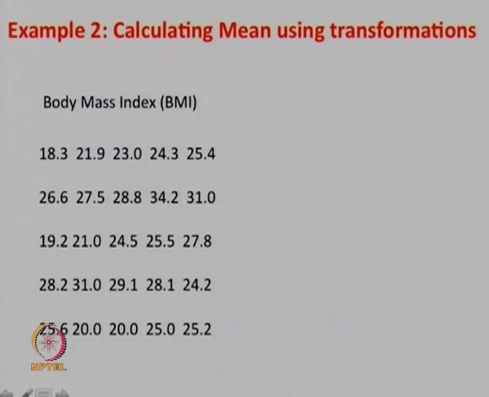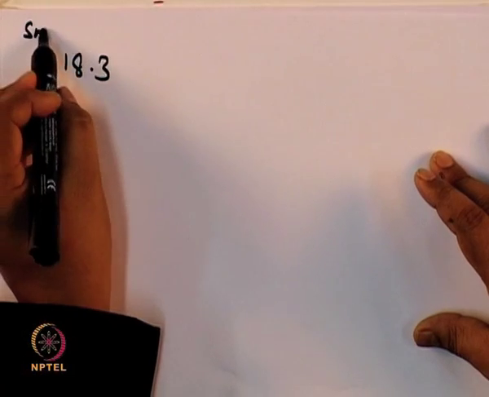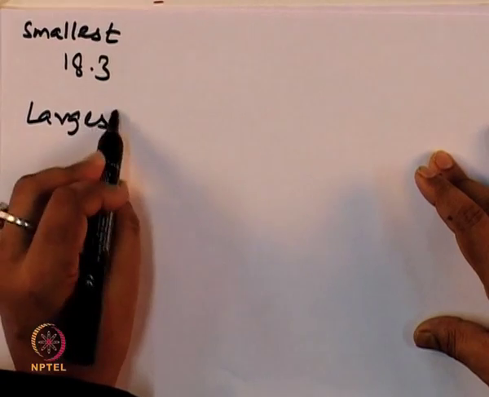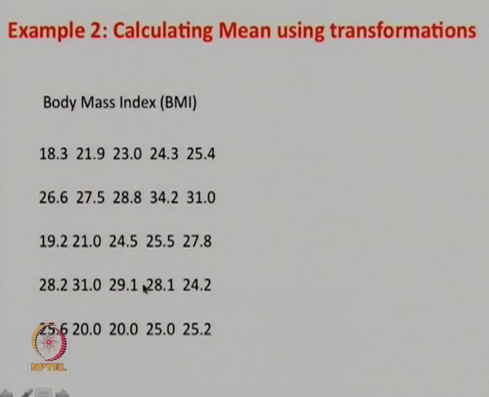Okay. So, again you see that you have this entire range of numbers; these are body mass indices. If I look through the screen, the smallest number I have is probably 18.3. So, the smallest number is 18.3. The largest number is 29.1.